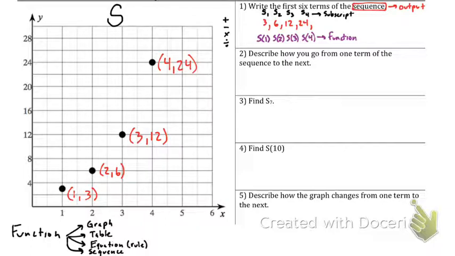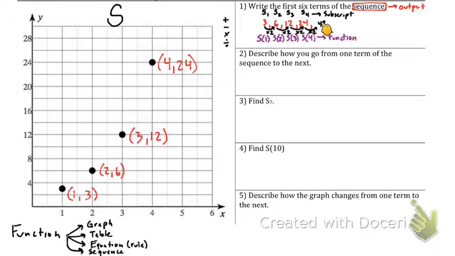And if you do this correctly, in order to go from 3 to 6, I'm just going to multiply by 2. In order to go from 6 to 12, I should be able to do the same thing, multiply by 2. 12 to 24, multiplying by 2. So to get to my next term, I'm going to multiply 24 by 2, and that gives me 48.